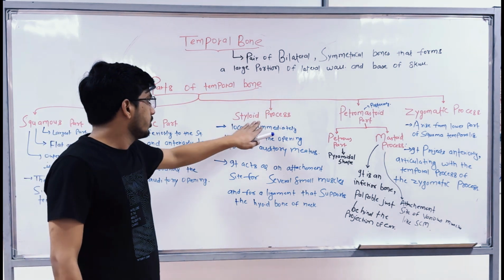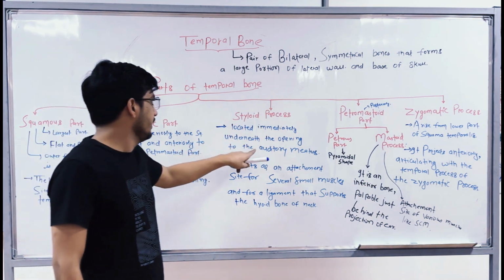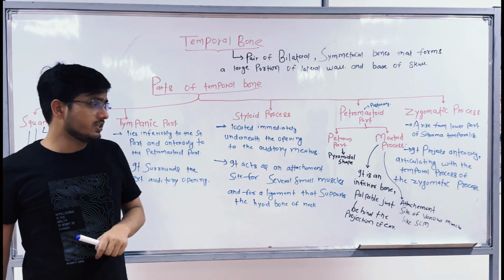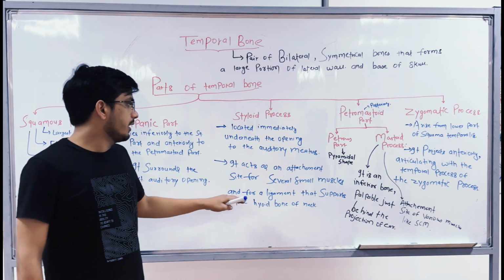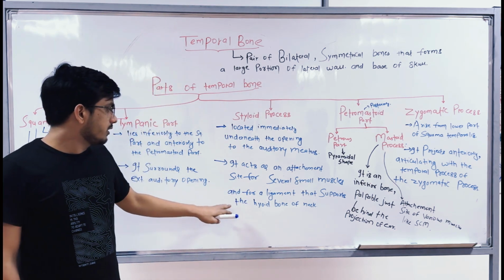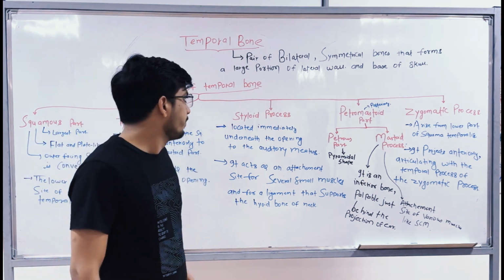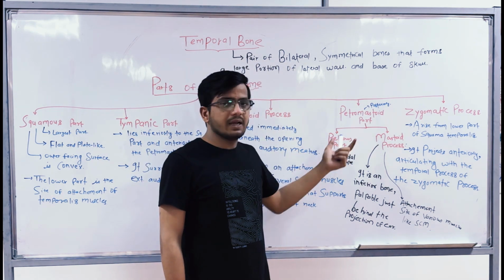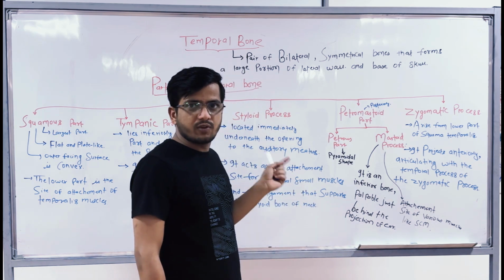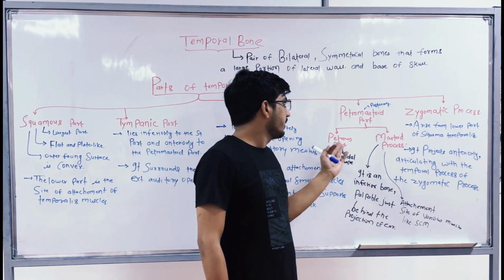Then we have the styloid process. It is located immediately underneath the opening to the auditory meatus, and it acts as the attachment for several small muscles and for ligaments that support the hyoid bone of the neck. Then we have the petromastoid part. The petromastoid portion lies posteriorly and is split into two parts: the petrous part and the mastoid process.